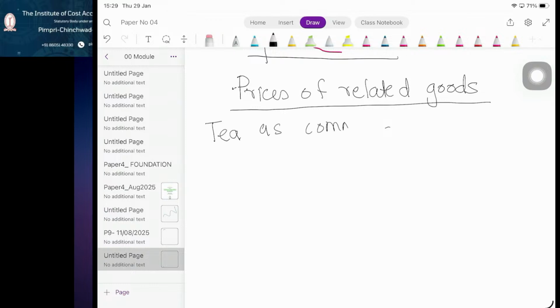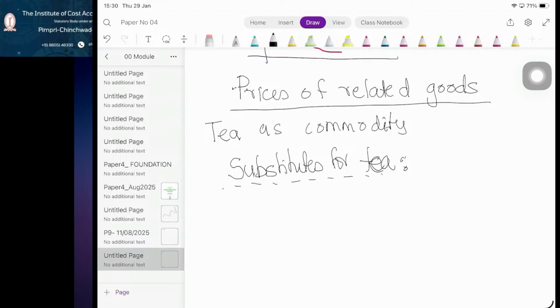You can think of any other commodity, no problem. What are goods which are substitutes for tea? What products can we think of as substitutes for tea? Yeah, correct. Very good. So coffee is a substitute for tea.